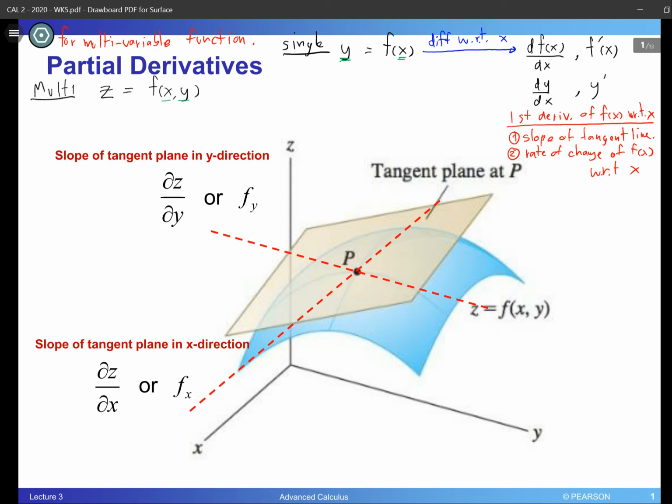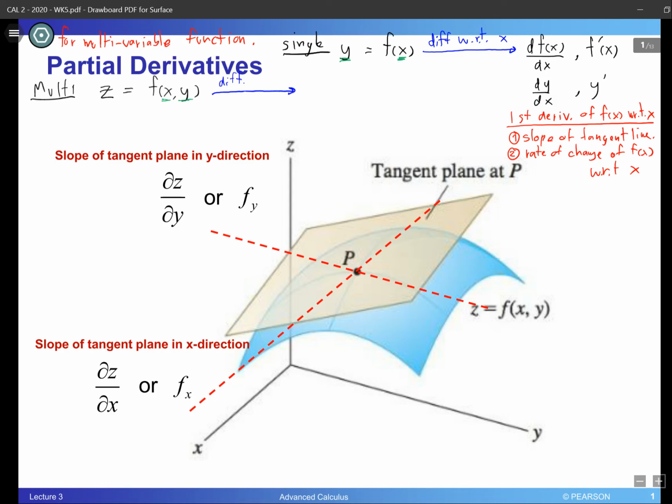Now we are going to do the same thing. We are going to differentiate this function, performing a similar procedure to what we did last semester. But in this case, we have two variables to consider, x and y, which is different from Cal 1.